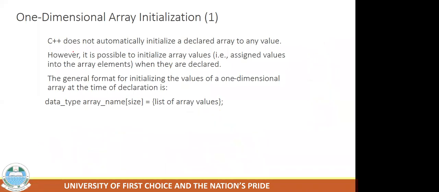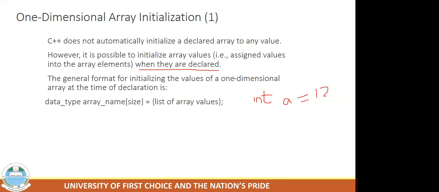All right. So C++ does not automatically initialize a declared array to any value. You need to note that. However, it is possible to initialize an array with values, that is to say, assign values into the array elements when they are declared. Just like I told you that when you're declaring a variable, you can declare and initialize at the same time. So you can say int A equals 12.